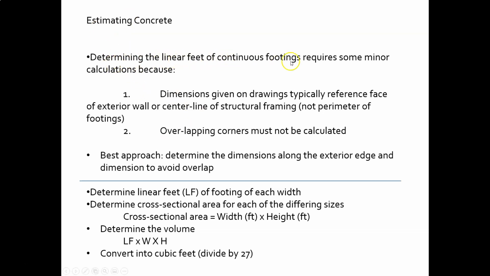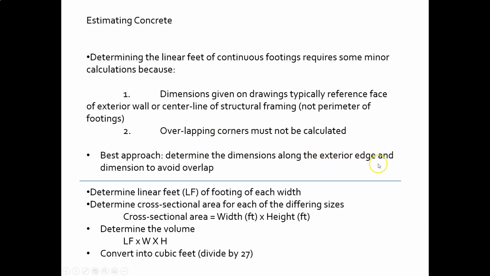Determining the linear feet of continuous footing requires some minor calculations because dimensions are typically given on the face of the exterior wall. That's what I just went through when we were looking at the plans, or center lines, sometimes on structural framing plans, for instance. Overlapping corners you do not want to calculate twice, so we talked about that.